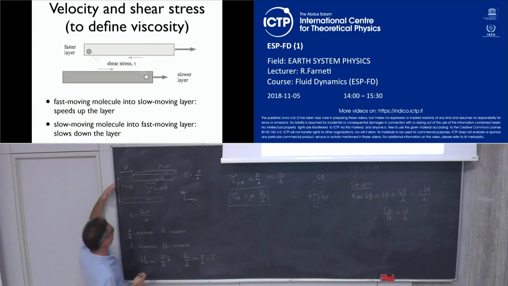When you apply a shear stress on a solid, you might create a delta b because the solid deforms to a new equilibrium state, but delta b doesn't change with time. Okay? You apply a stress to a solid, the solid deforms, and it stays where it is. So delta b is not a function of time. In a fluid, as long as you apply a shear stress, the fluid will continue to deform. So delta b is a function of time.